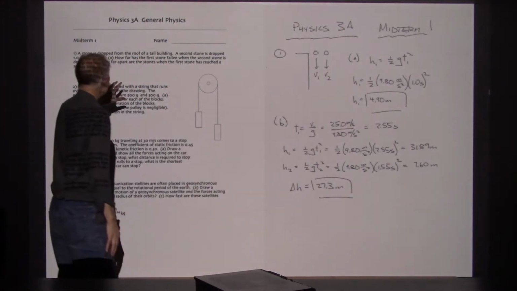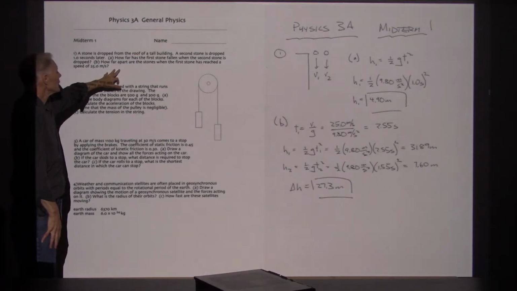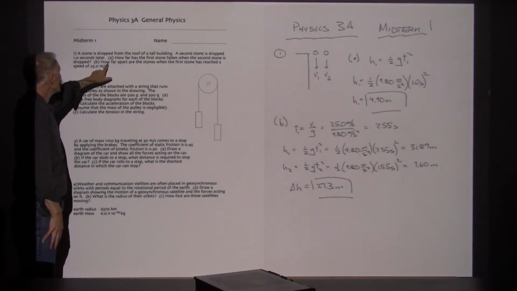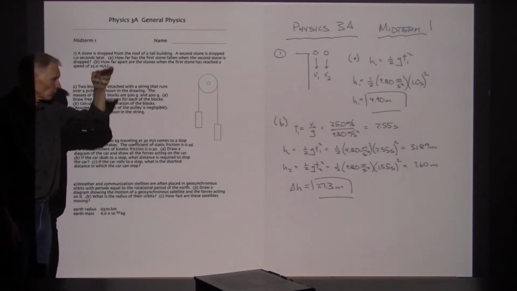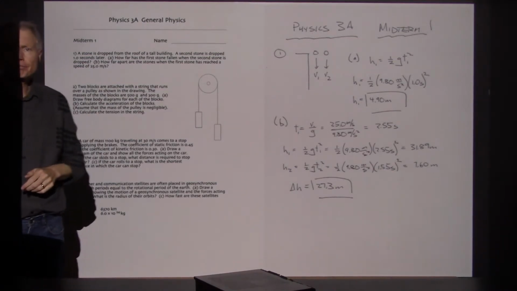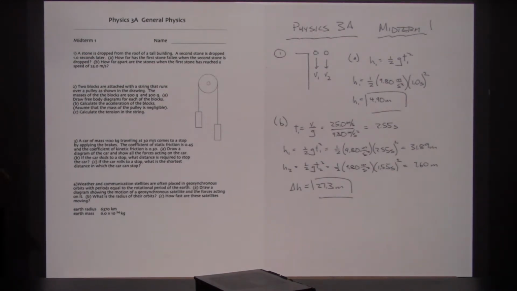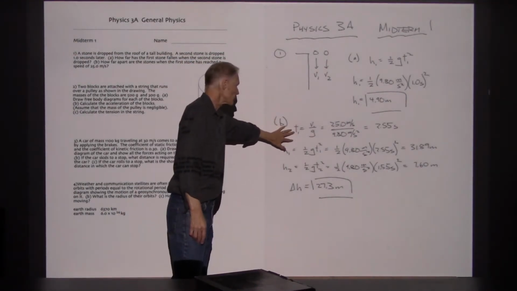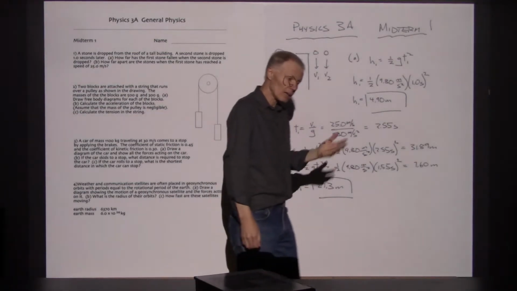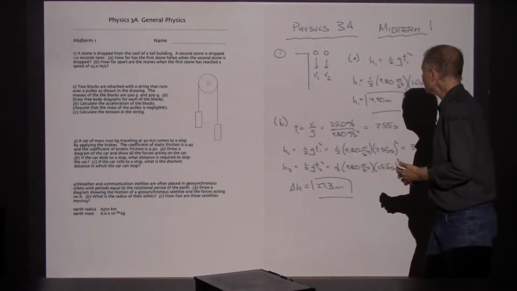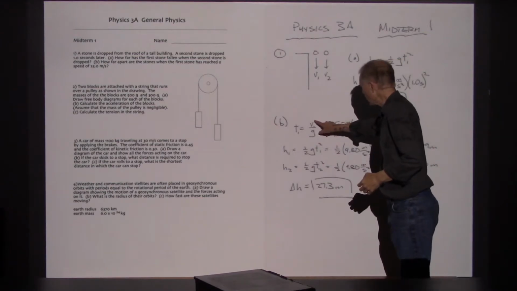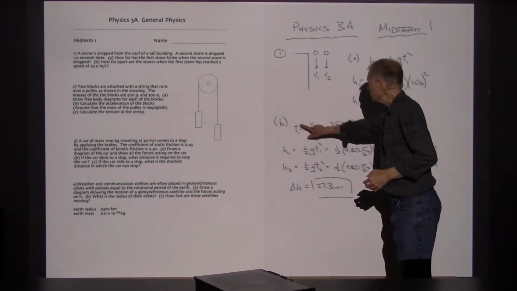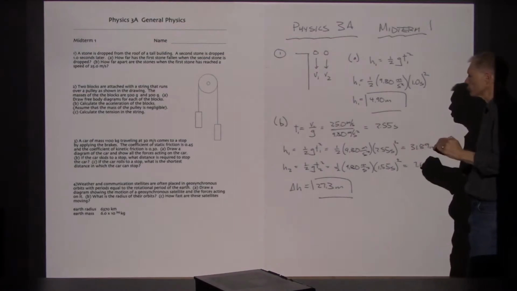Now in part B, what they're saying is, okay, what happens by the time the first stone is going 25 meters per second? How much separation will there be between the two stones? So in part B, we're bringing in more equations for constant acceleration. What we're saying here is that we can take the velocity as a function of time equation and solve that for time.